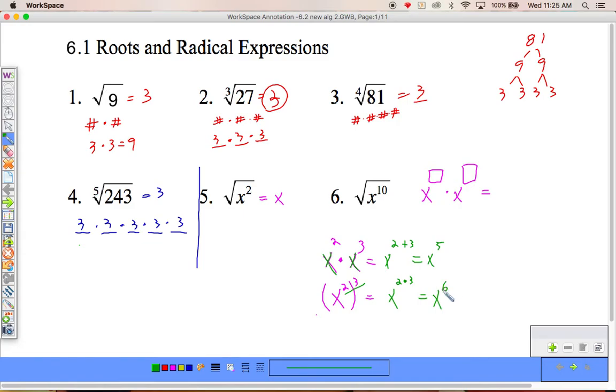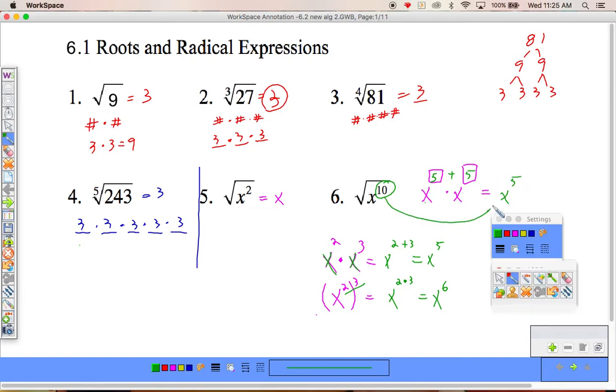So when I take this apart as x to a power times x to a power, I need these two numbers to be the same and add to give me 10. So I'm going to say the square root of x to the 10th is x to the 5th, because x to the 5th times x to the 5th is your x to the 10th.